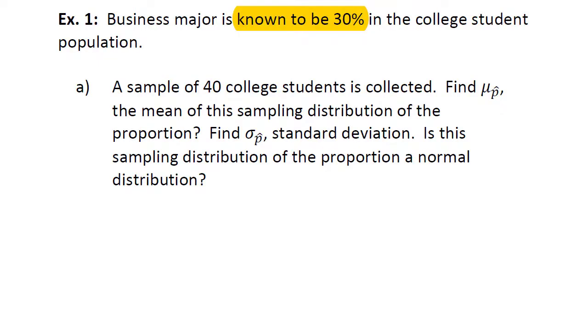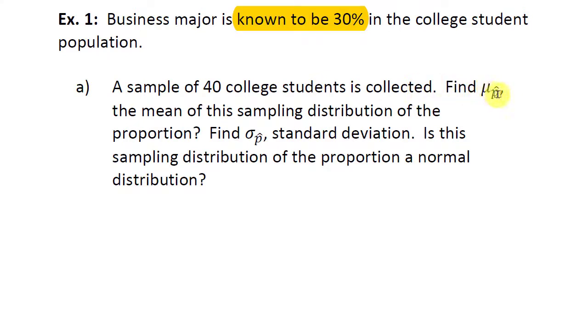And so now we're at part A of the example. After clearly understanding and extracting all the valuable information from the beginning description, here's how we start to look at part A. Let me spend a little time reading the complete description of part A. A sample of 40 college students is collected.